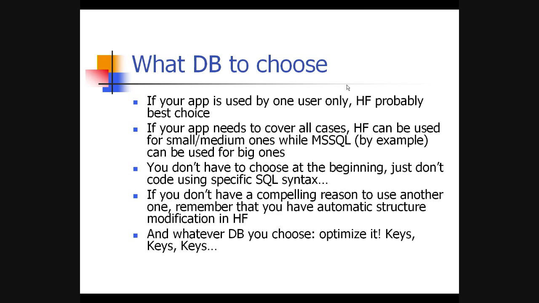And it doesn't matter which database you're going to choose. In every case, you're going to need to optimize it. So the keys are really the thing to think about. There are people out there working as database administrators. I know several of them.